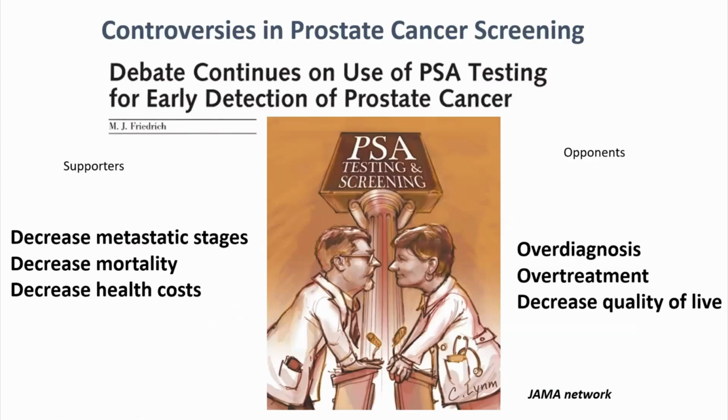So these different results introduced debate, and this debate took place between supporters of screening, with decrease of metastatic stage, decrease of mortality, decrease of health costs, but on the other hand, opponents who said that early diagnosis by prostate-specific antigen introduces over-diagnosis, mainly with biopsy, with few positive biopsies, over-treatment, and decrease of quality of life after the treatment, mainly sexual function or urinary function.